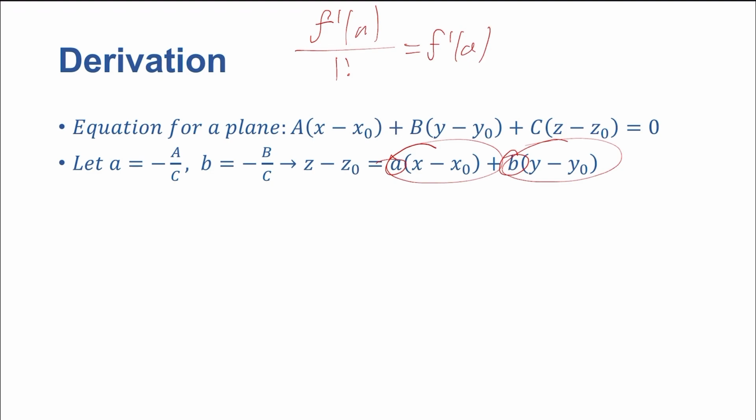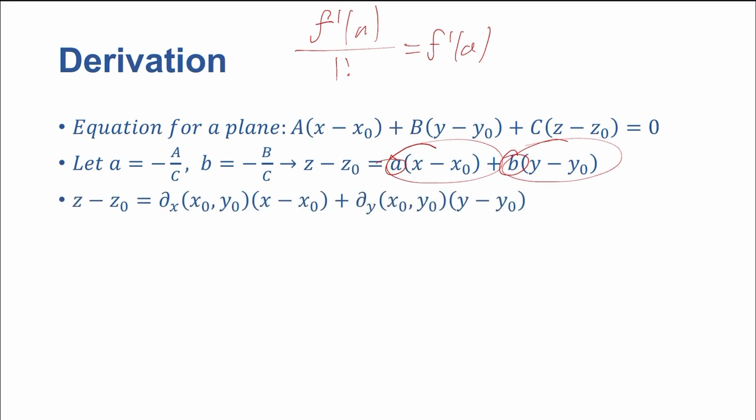So actually, what these are going to be, a and b, are going to be our partial derivatives. So we get that z minus z naught is equal to partial x at x naught comma y naught times x minus x naught plus partial y at x naught comma y naught times y minus y naught.